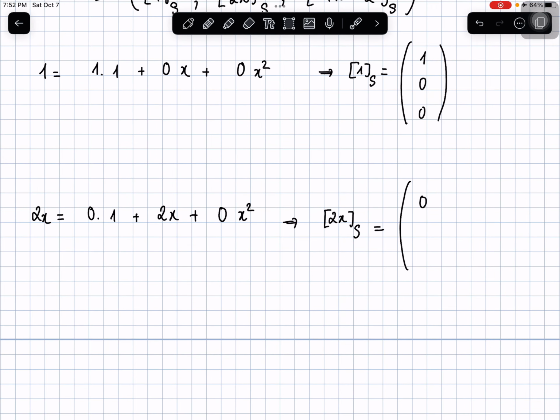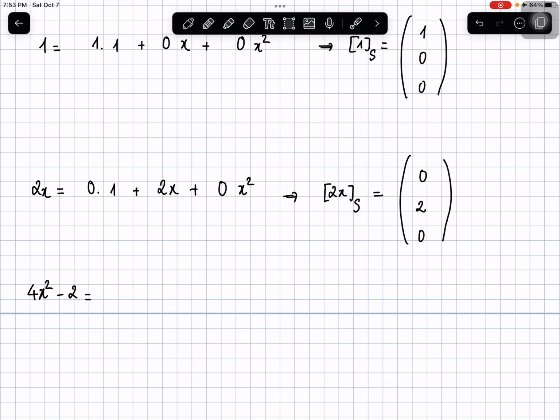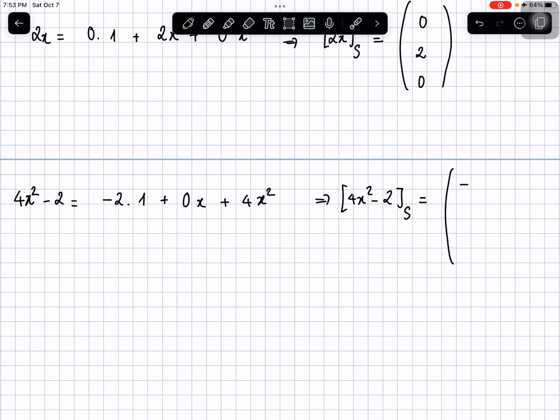And the last one is 4x squared minus 2. That is minus 2 times 1, 0 times x, 4 times x squared. So the coordinate of 4x squared minus 2 with respect to basis S is (-2, 0, 4).